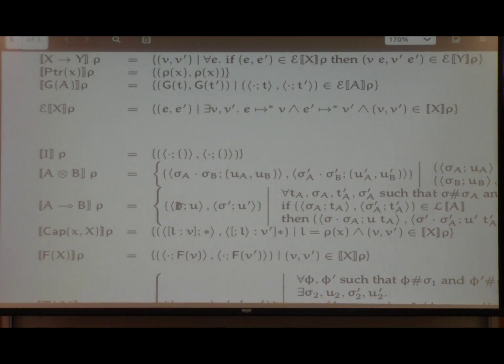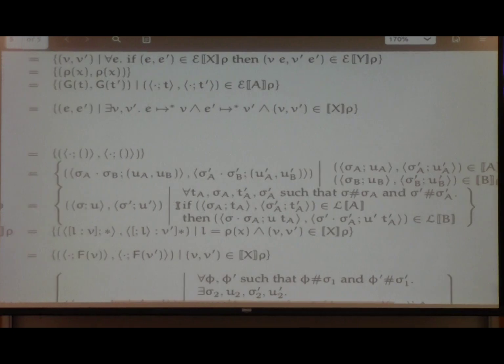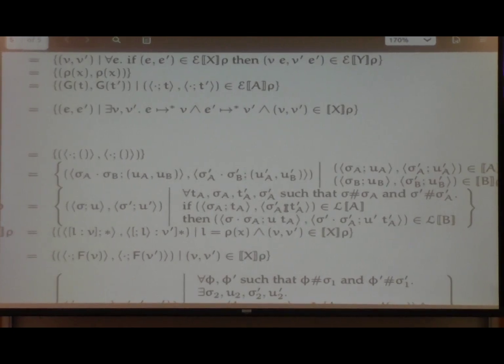We're saying that two machine configurations are related at function type if, given two configurations that are related at the argument type, you can glue them all together and get something related at the result type. And this kind of gluing together bits of the heap is sort of the essence of ownership transfer.